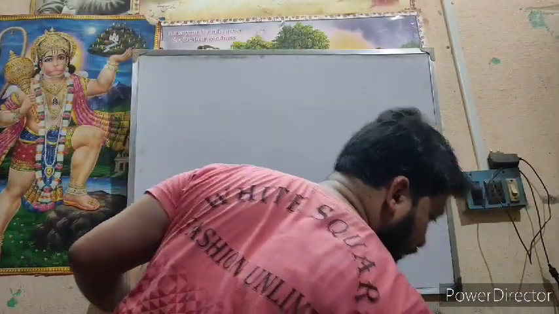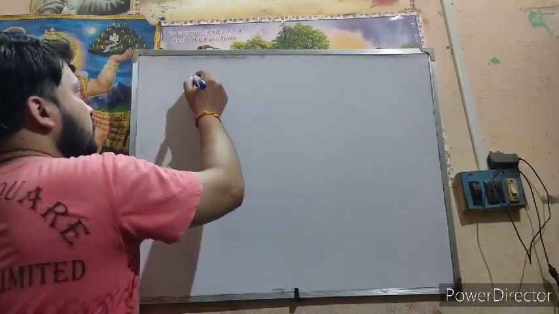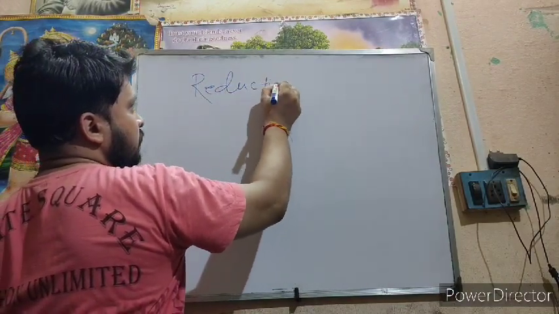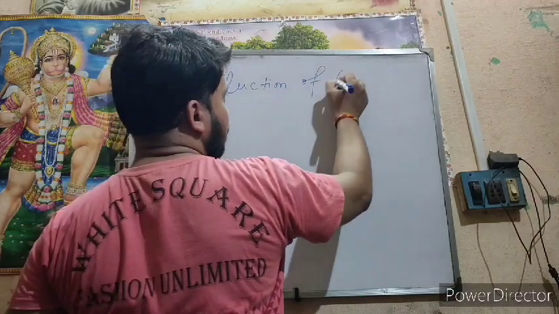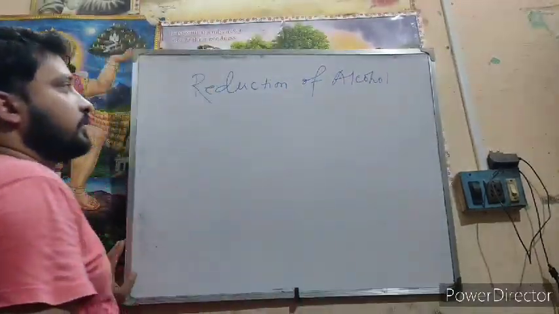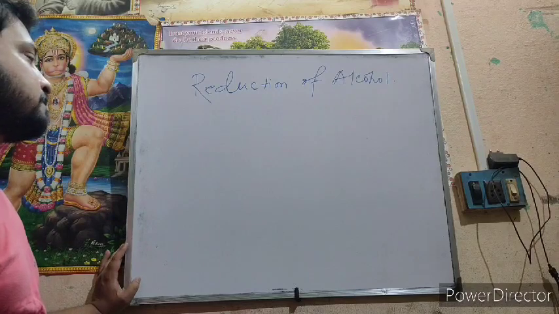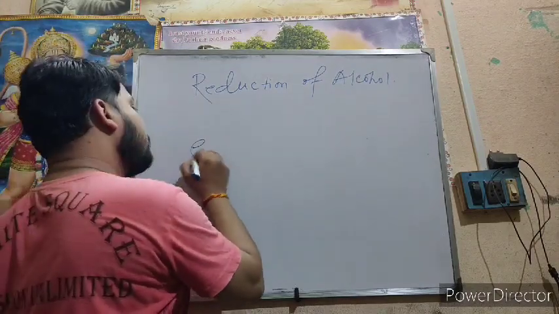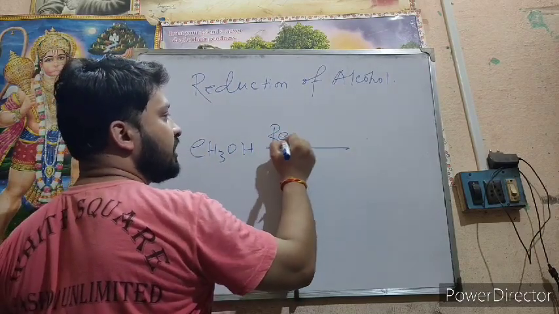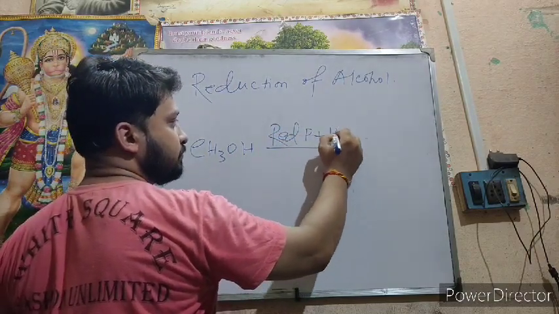So now, reduction of alcohol. If you take just methanol CH3OH, as a reducing agent you can use red P and HI.